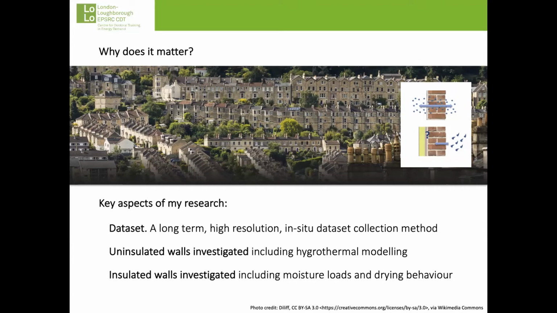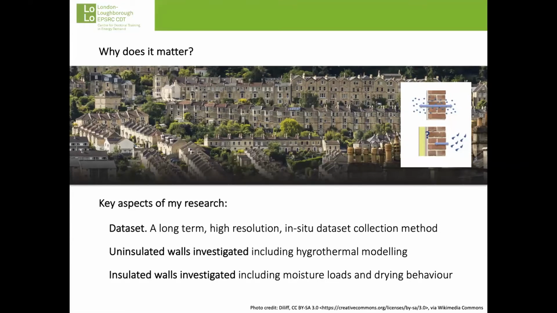Hygrothermal modelling goes some way to helping determine the risk, but results are significantly affected by assumptions, particularly around wind-driven rain, shelter factors and moisture transport and storage properties of the wall. So the key aspects of my research, my priority was to address the lack of data.